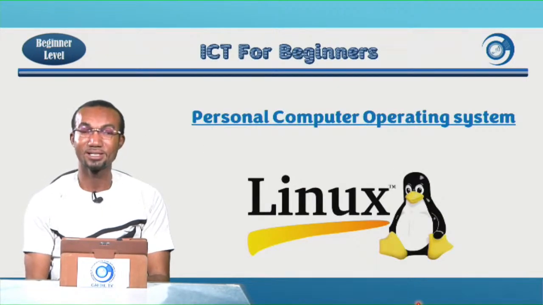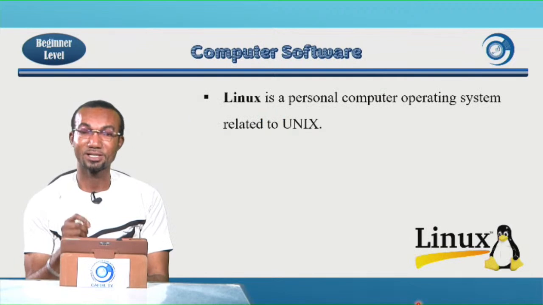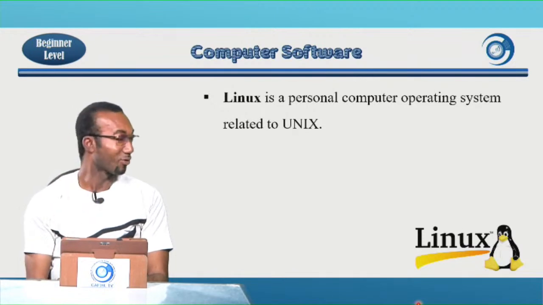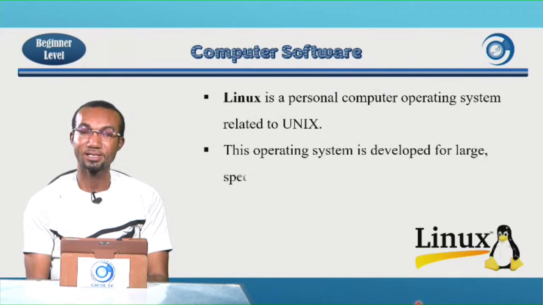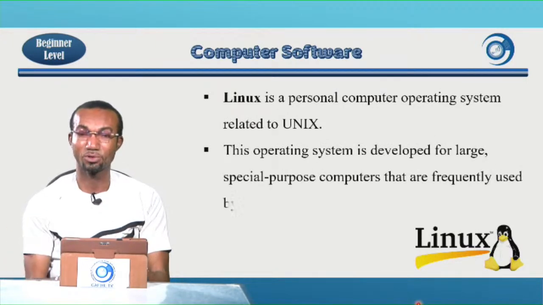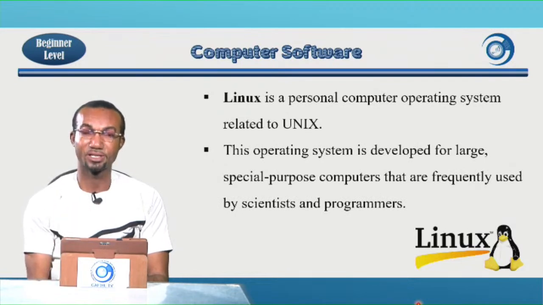The next operating system is Linux, and Linux is a personal computer operating system related to Unix. So the company that formed Linux is also Unix. This operating system is developed for large special purpose computers that are frequently used by scientists and programmers.